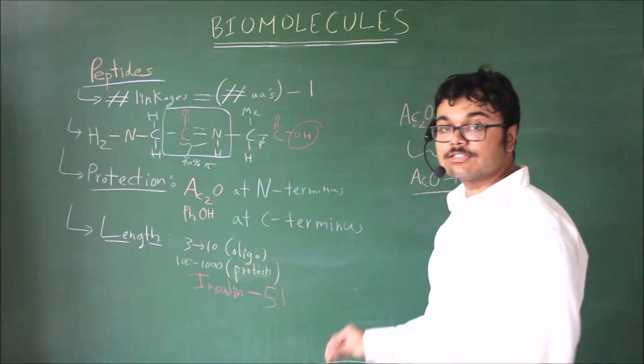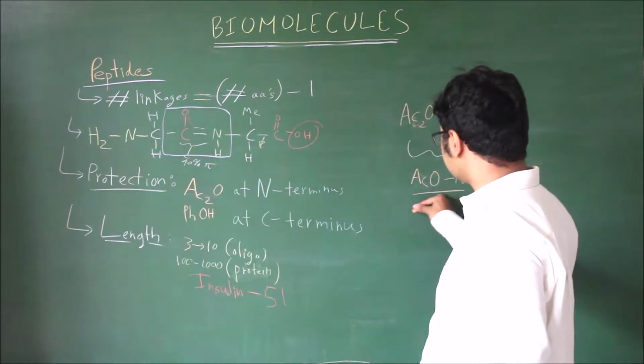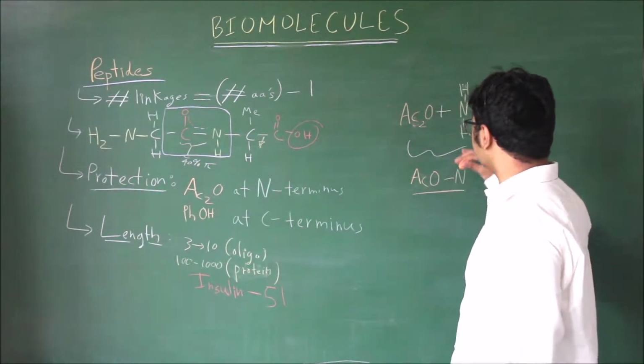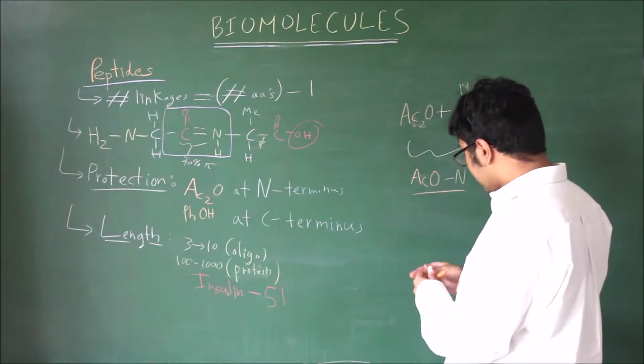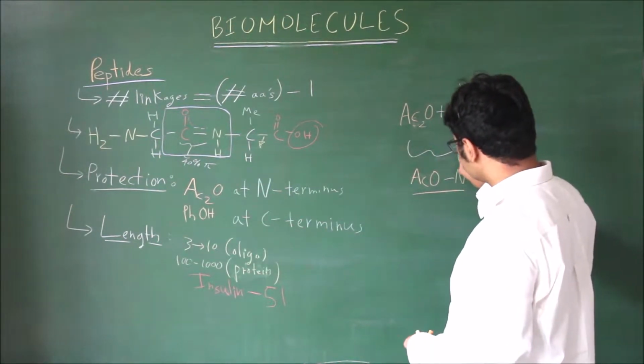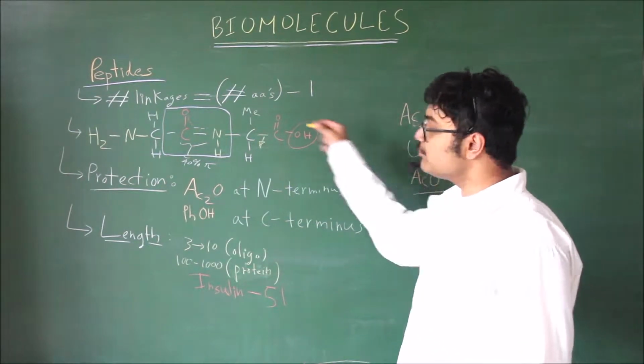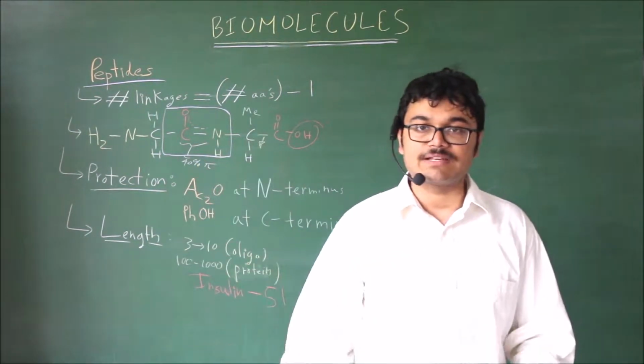We get this sort of structure. We get an acetylated amine. So when we get this acetylated amine forming over here, one of the hydrogens will go, the other hydrogen will remain. Then you can clearly see that this is not going to be capable of amide formation no matter where your other amino acid comes from.